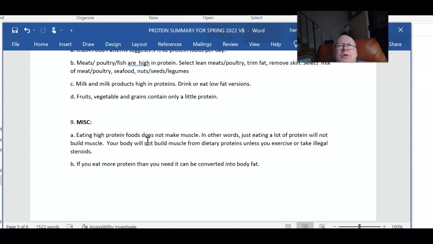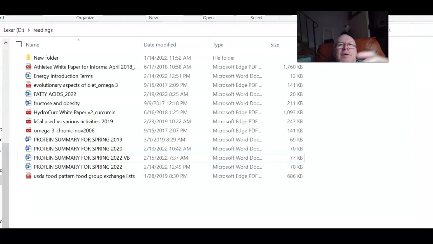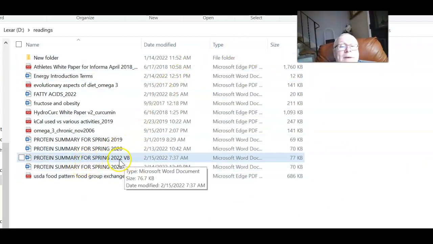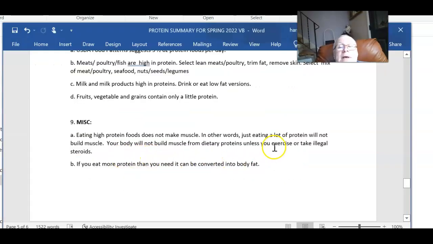Actin and myosin are made of amino acids, and you get those amino acids from the food you eat and from your body making amino acids.